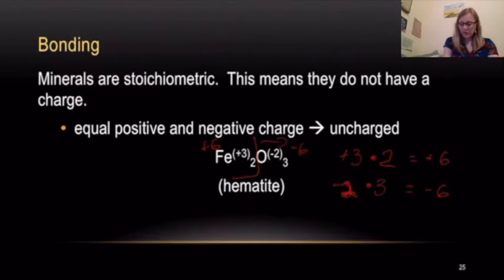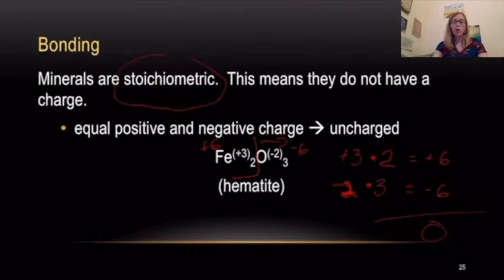Negative 6 plus positive 6 is going to be a total valence of 0. So this is a stoichiometric mineral. All minerals are stoichiometric. All minerals must be stoichiometric.